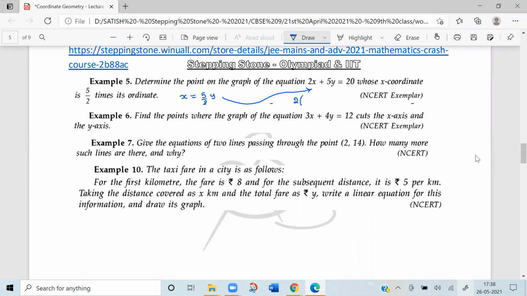So 2 into 5/2 y plus 5y equals 20. The 2 gets cancelled. So 5y + 5y = 10y = 20, which implies y = 2. When y = 2, substitute back, so x = 5. That means the point is (5, 2).